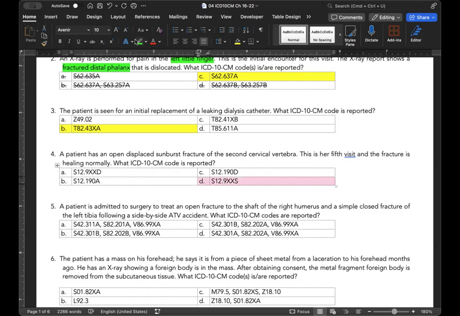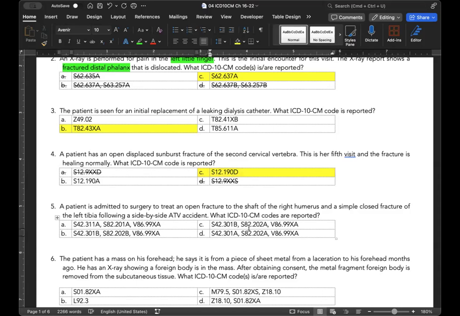The other displaced fracture is going to include the sunburst because that's our detail of the other. All of the other options in your S12 do not indicate sunburst. So that's why we can use the other displaced. And then for the 7th character, we're going to use D for the subsequent encounter for fracture with routine healing. So our answer is going to be C.